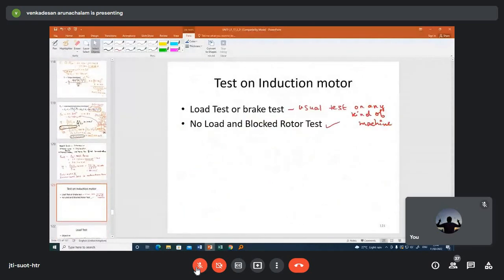Till now, does anybody have any doubt? Only one topic is left in unit 1, that is tests on induction motor, and one problem we need to solve in it.